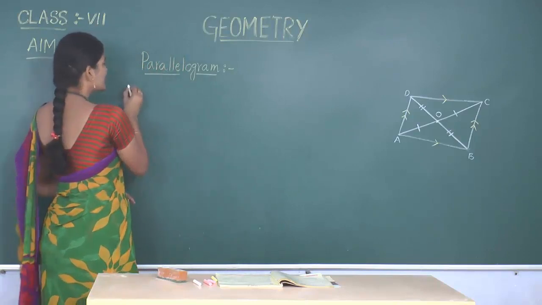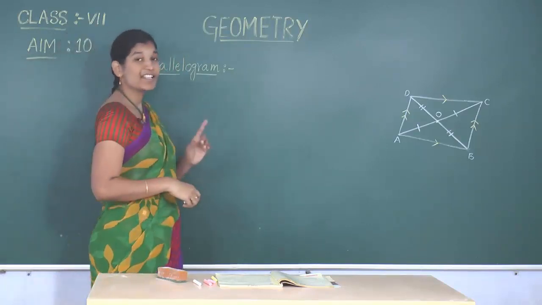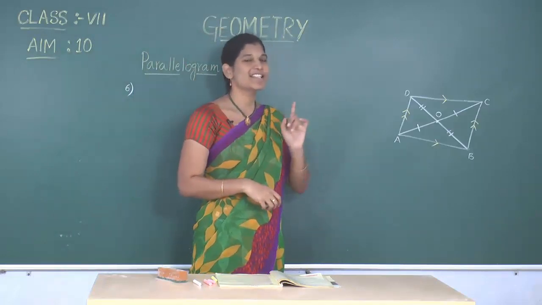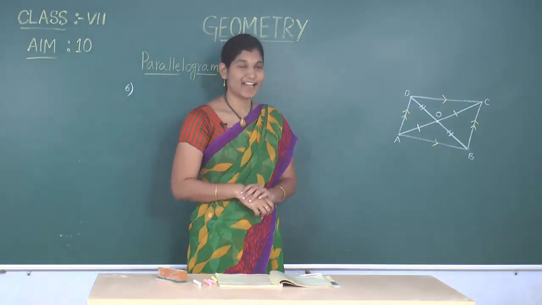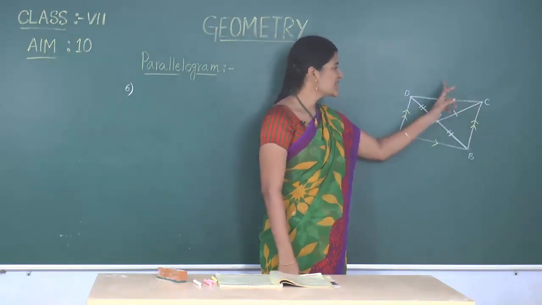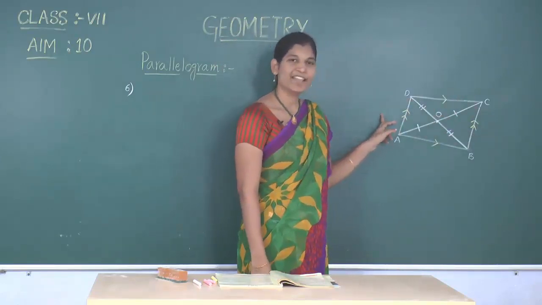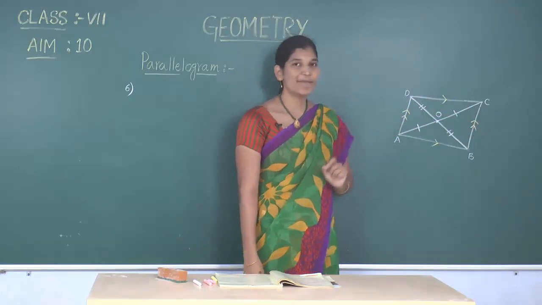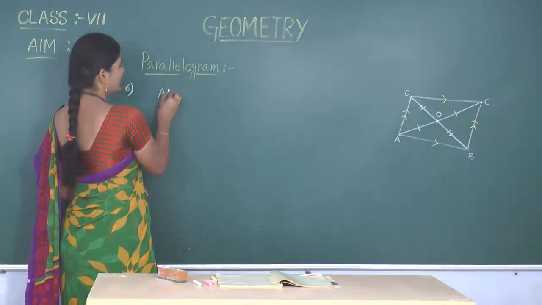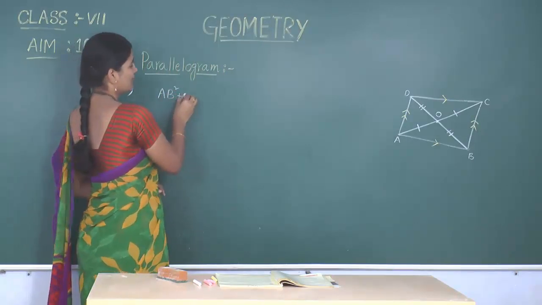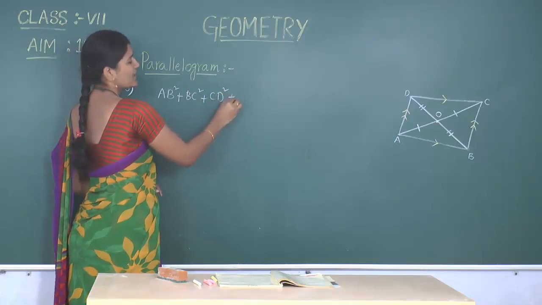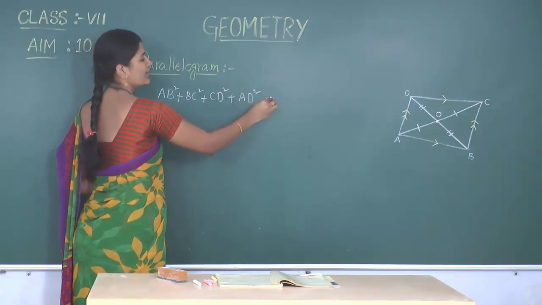And let me tell you the sixth property now. The very important sixth property is that the sum of the squares of the sides is equal to the sum of the squares of the diagonals. What are the sides here? AB, BC, CD and AD. These are the sides. Sum of the squares of the sides means AB square plus BC square plus CD square plus AD square.